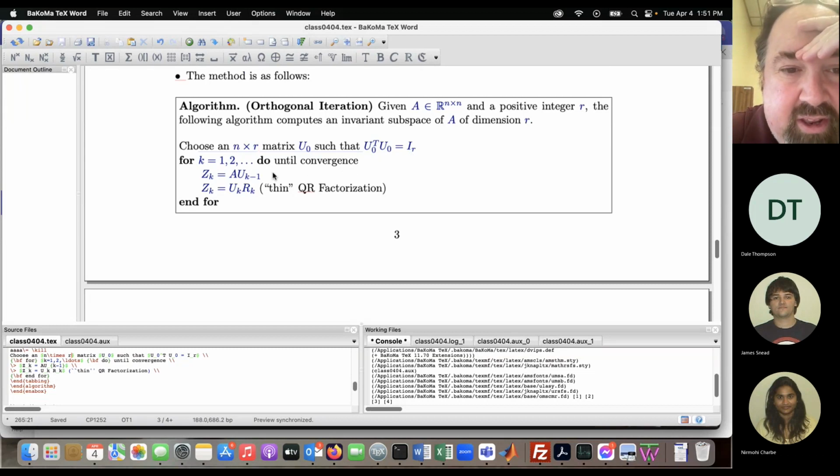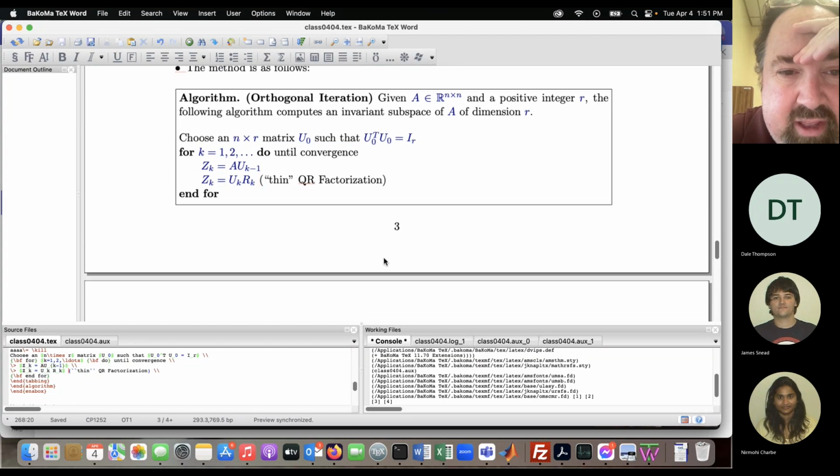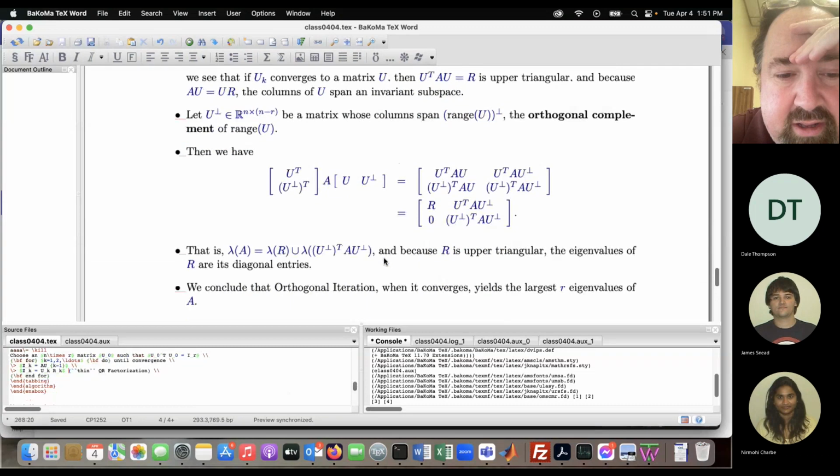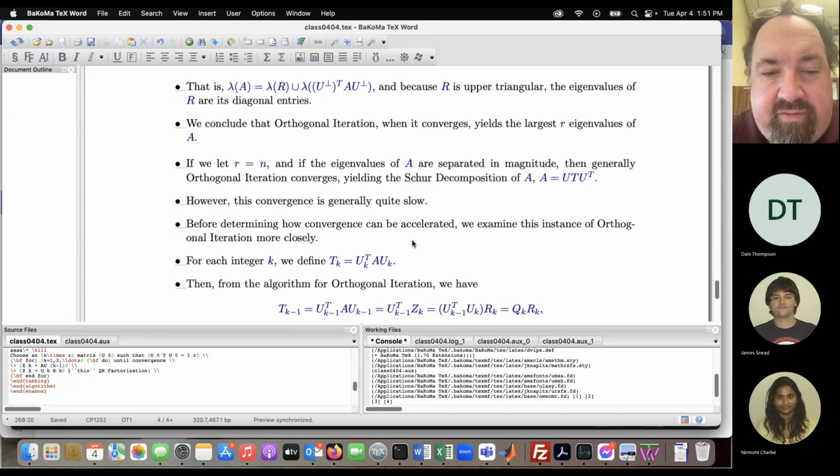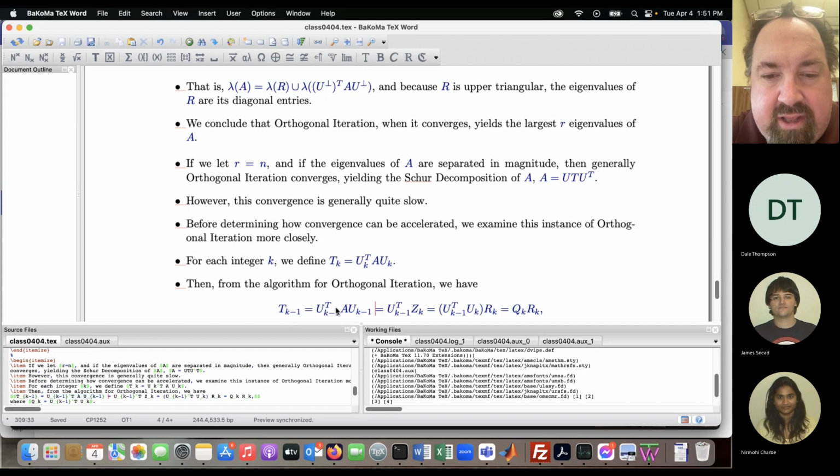So carrying out this process, if I define T_k to be U_k transpose A U_k, then, based on this definition, I have T_{k-1} equal to this. But from the algorithm, A U_{k-1} is the same as Z_k. That's how Z_k was defined. But Z_k is then QR factorized to give us U_k R_k.